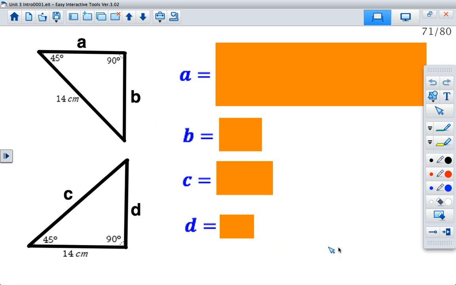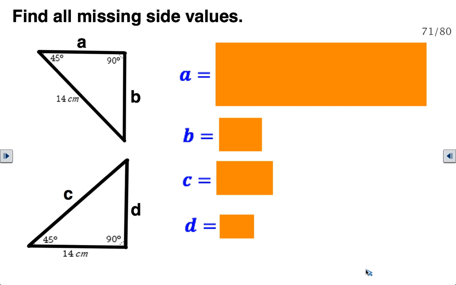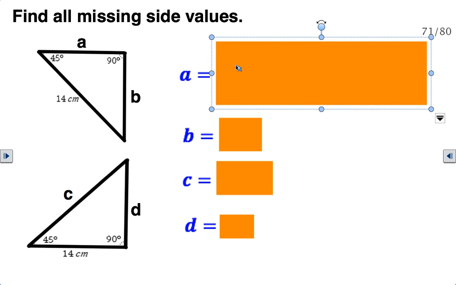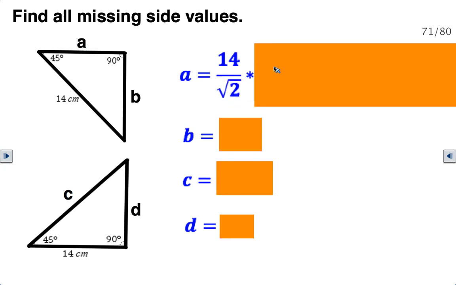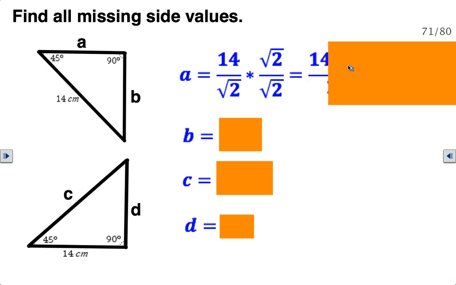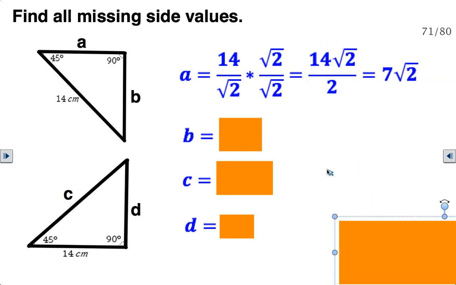Next, possible questions, you have another special right triangle, except this one is 45, 45, 90. If you have the hypotenuse and you're looking for your side measurements, you need to divide by the square root of 2. When you do that, you have to multiply numerator and denominator by the square root of 2, simplify, and reduce your answer.